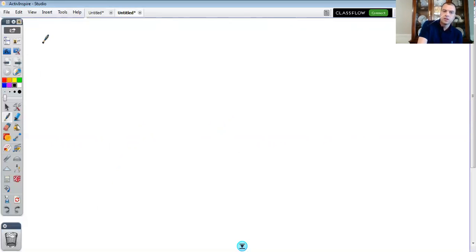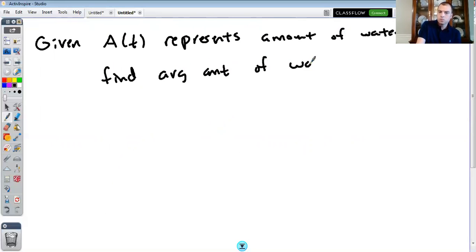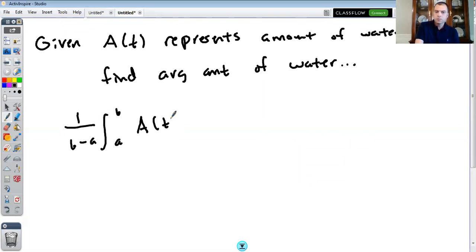You know, this has shown up in a lot of different ways. So if I say given A of t represents the amount of water, and I'm asked to find the average amount of water, that's average value. Great.